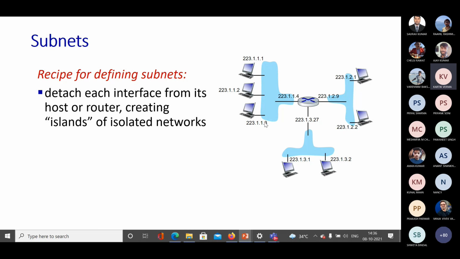Here, all of these IP addresses will form a particular subnet, because any packet arriving at any of these devices can reach each other in this collection without going through a router. So these will form a subnet.